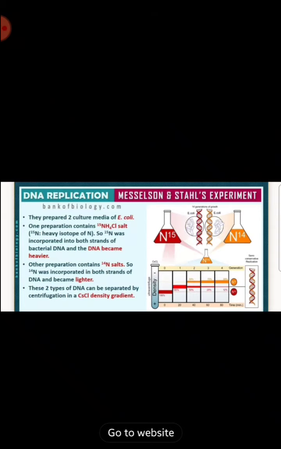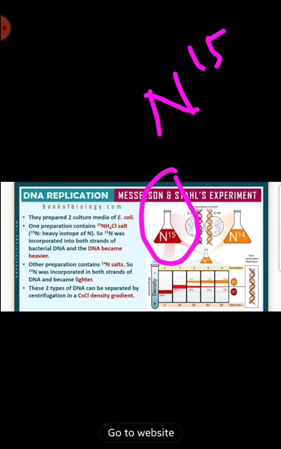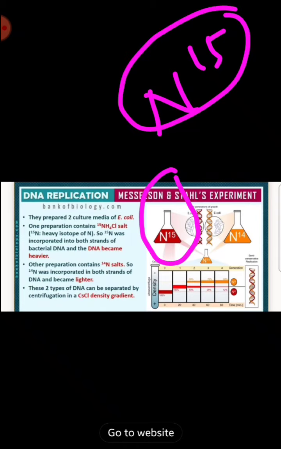Just remember that N15, the isotope of nitrogen, is present in this flask. One bacterial culture medium will have the N15 isotope, ammonium chloride salt, and the bacterial culture will be grown here.